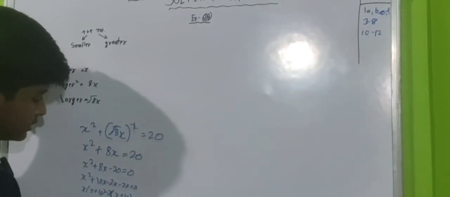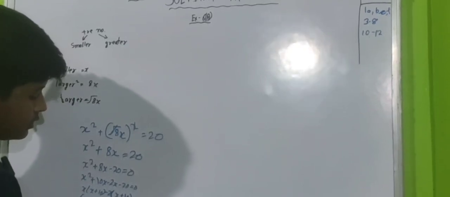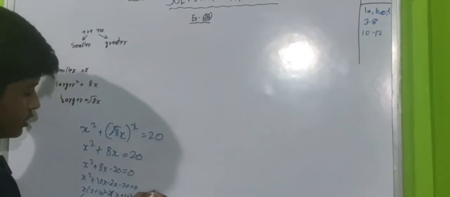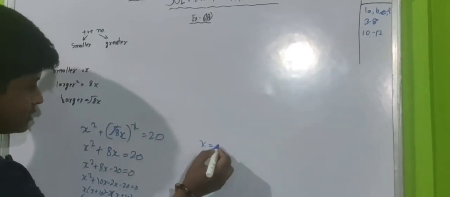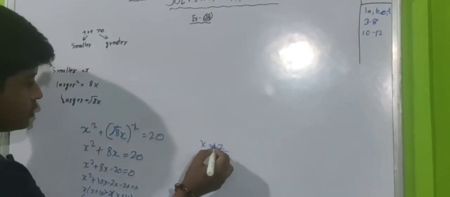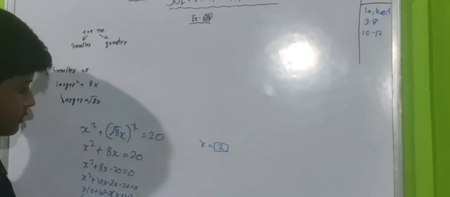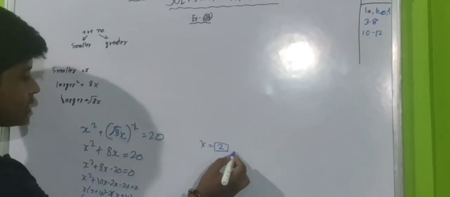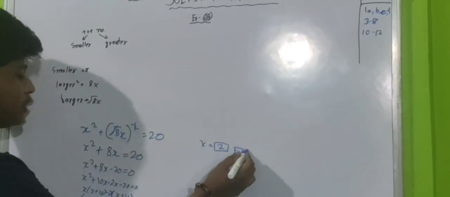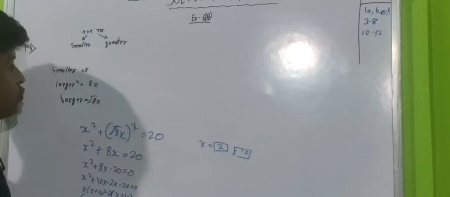Now x plus 10 and x minus 2 equals to 0. So here you will get answer as x equals to positive 2. Here x is also minus 10. So minus 10 you have to ignore and positive 2 you have to take.